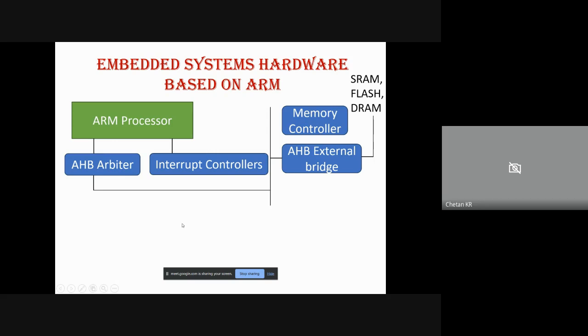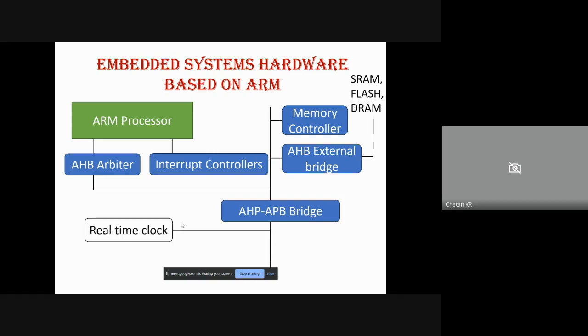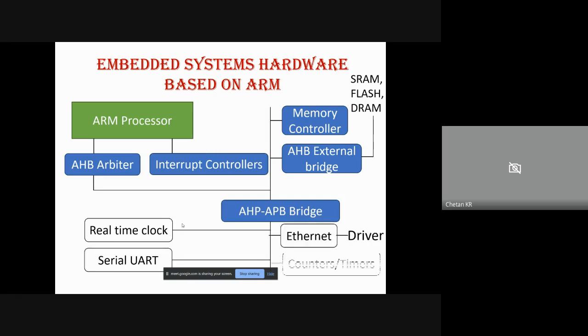From there, you have to pass through a bridge called AHB to APB, where your speed will change. And from there, you can reach all your peripherals. In the previous class I discussed that there can be a real-time clock, UART devices, an Ethernet network controller, or counters and timers, which can all act as peripherals. They're all input and output devices.